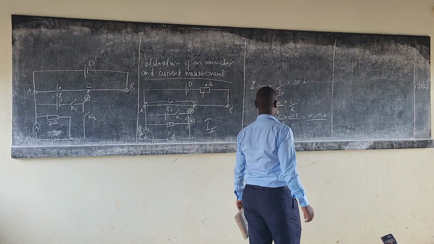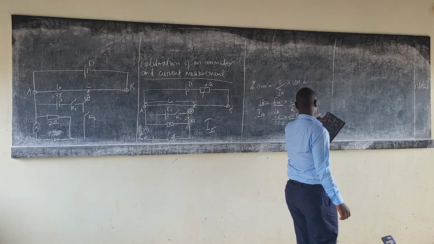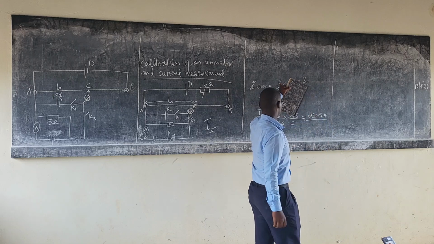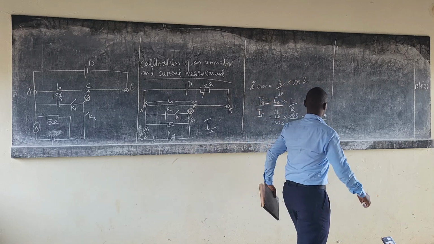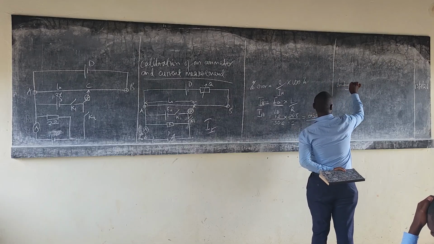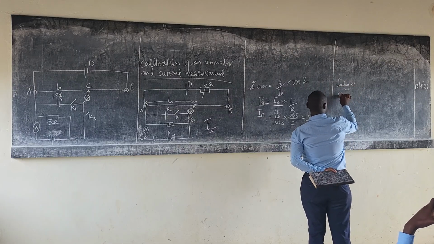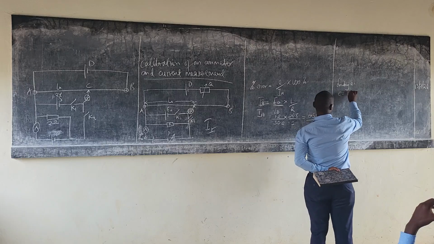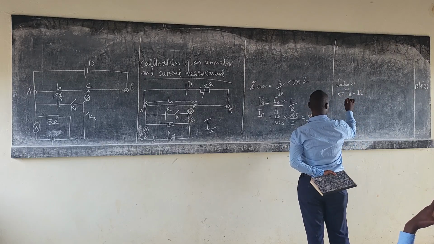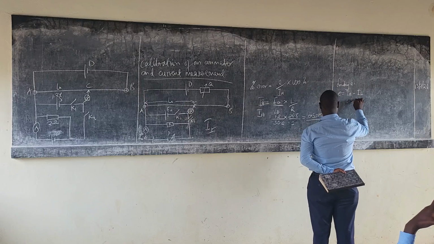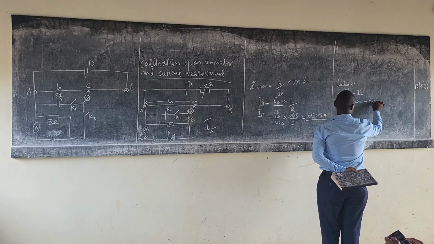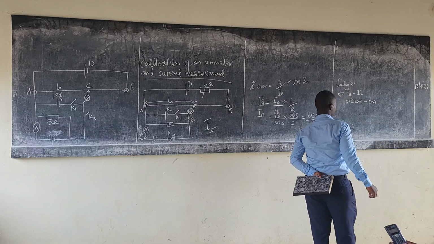So now, since you have got this one, we can now find E. Finding E is IA minus IR. Our IA is 0.5325 minus 0.4.